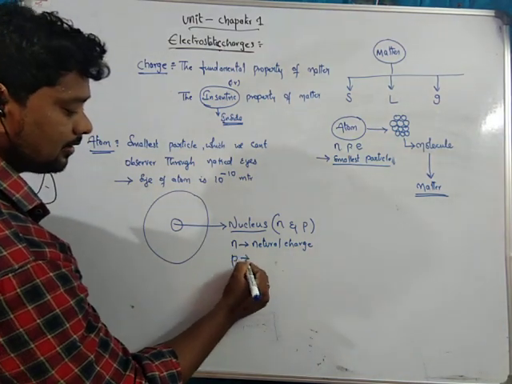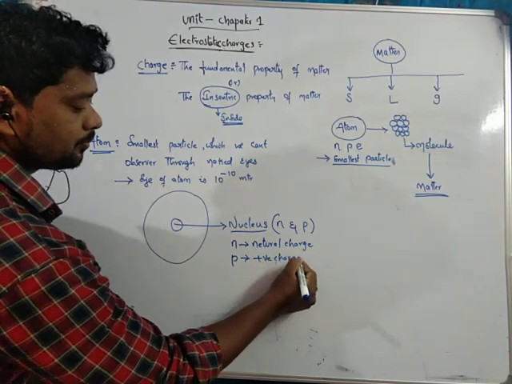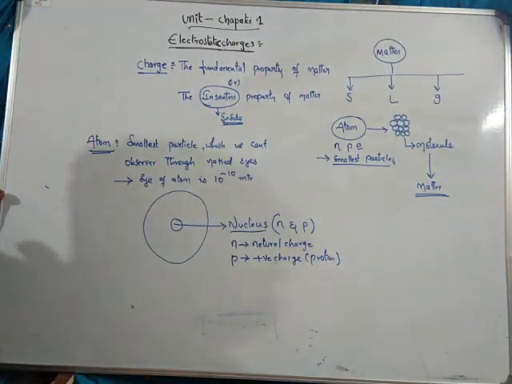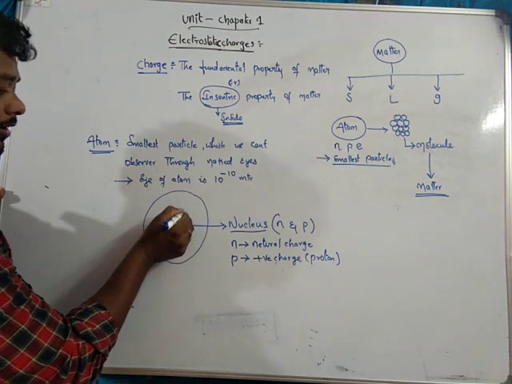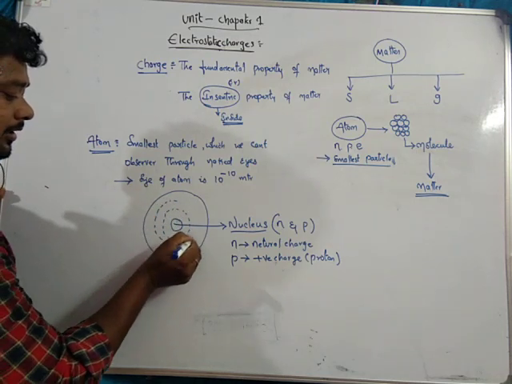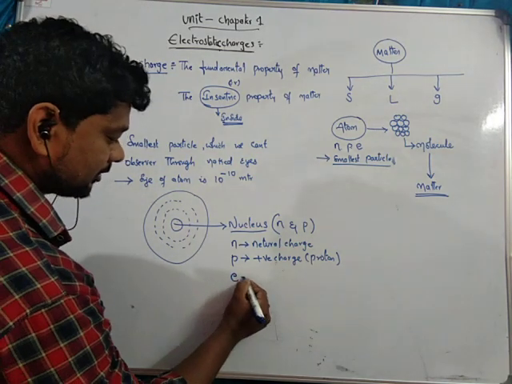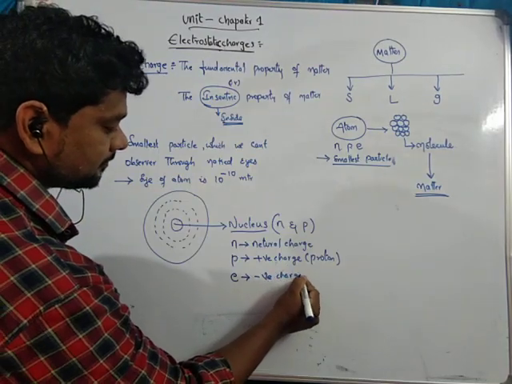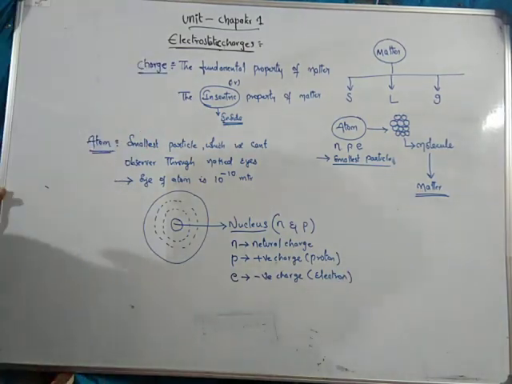And P is called positive charge, that's what we call a proton. And the electrons revolve around the nucleus in constant orbits. The electron has a negative charge, and it revolves around the nucleus.